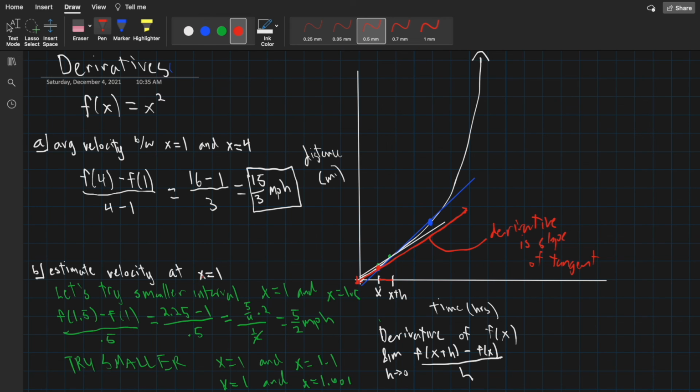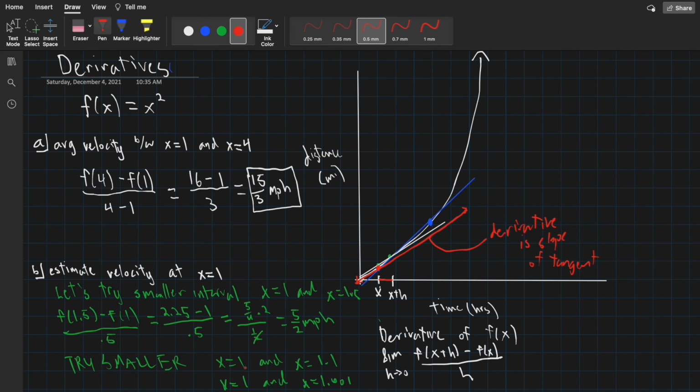What does our speedometer read at x equals 1? And the way that we're achieving this is by using our tool, which is the derivative. And what the derivative is essentially saying is keep shrinking your time intervals. So instead of looking at x equals 1 and x equals 4, look at x equals 1 and x equals 1.5. But wait, that's too large of a time interval.